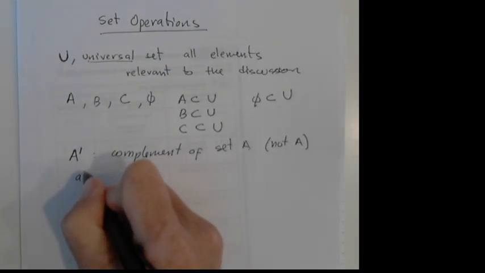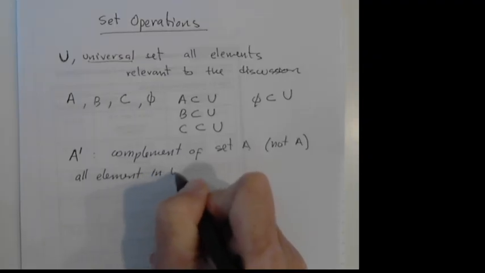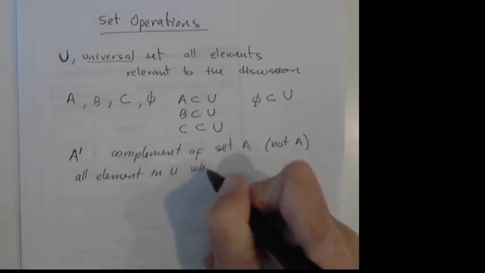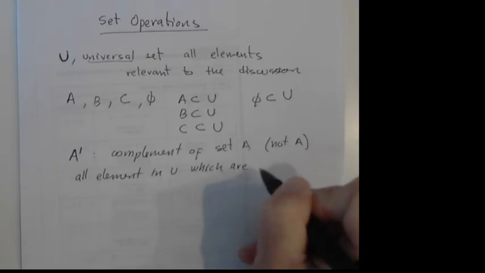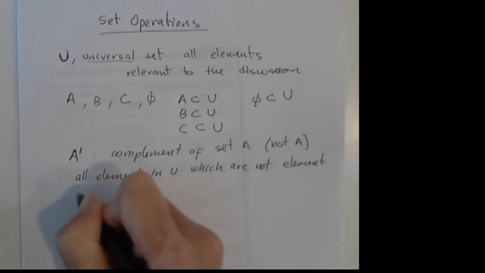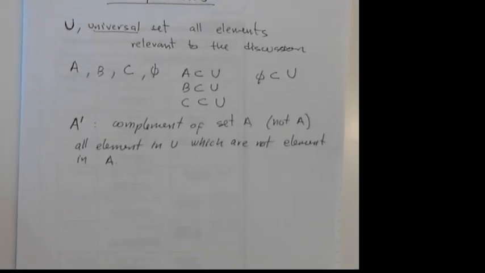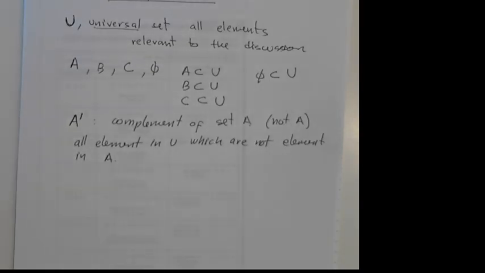It is all elements in U which are not elements in A. That's why I like to call it not A, because it's an element that is not an element of A, and you write A bar.